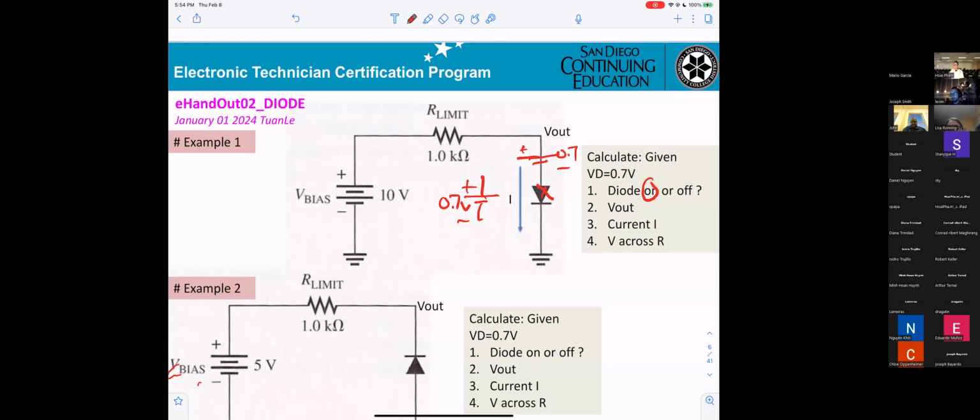When the diode is on, you substitute the diode by the 0.7 battery. So what will VL be equal to? Who can tell me?